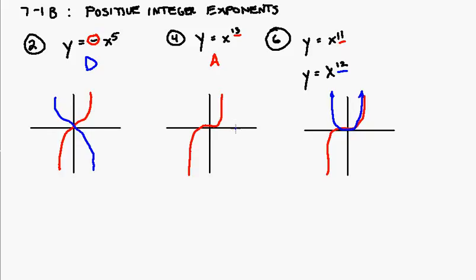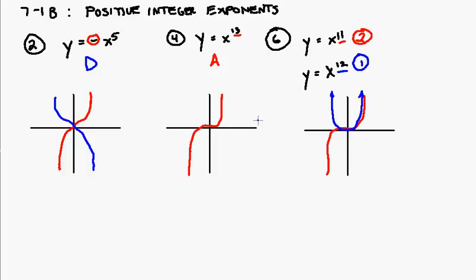Okay, so looking at that, you could say you have 3 lines here. We'll call the red one the second graph, and we'll call the blue one graph number 1.